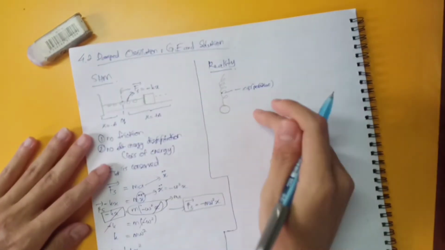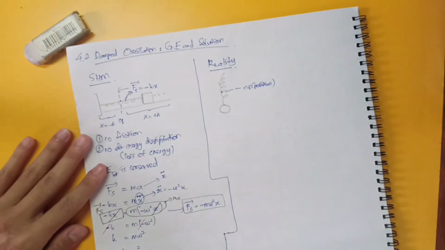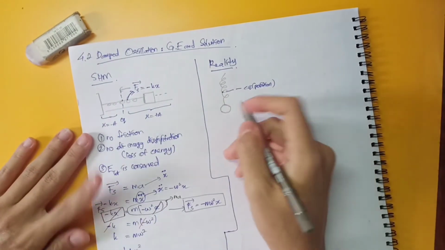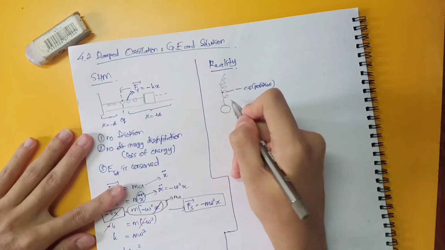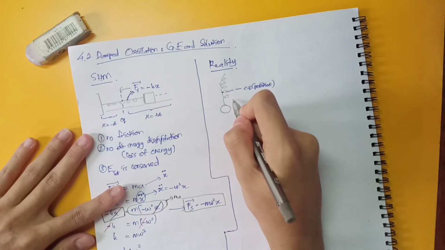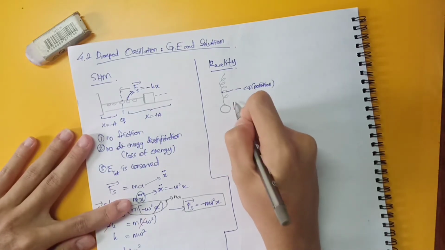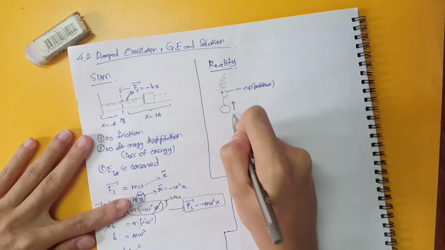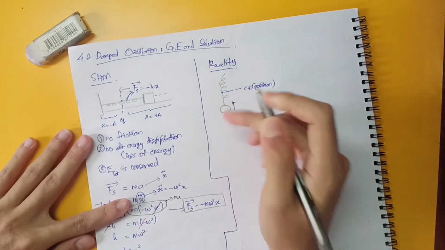So here we have two forces exerted on this system. The first one, let's say this object is moving upward, which is velocity up here.